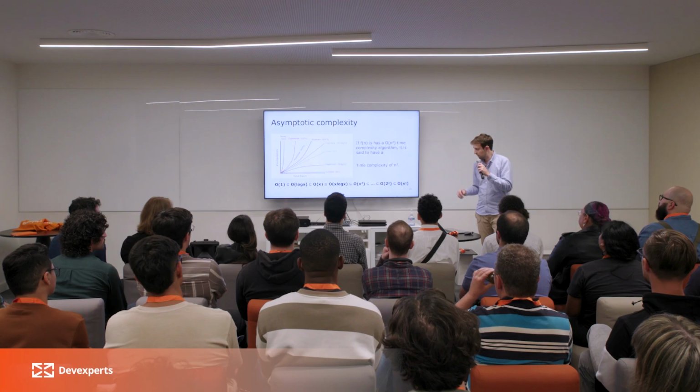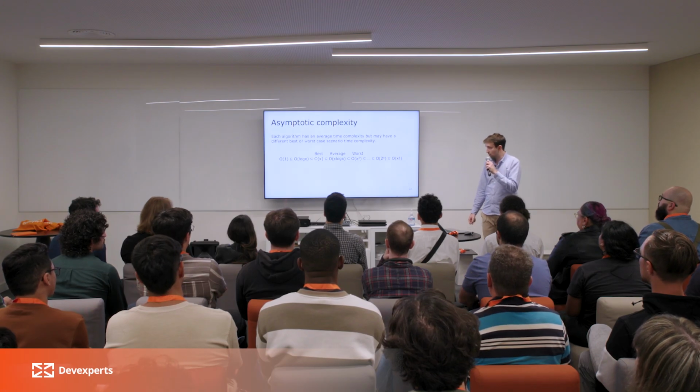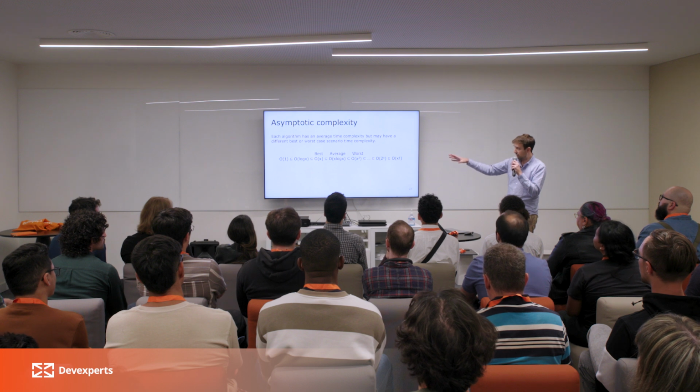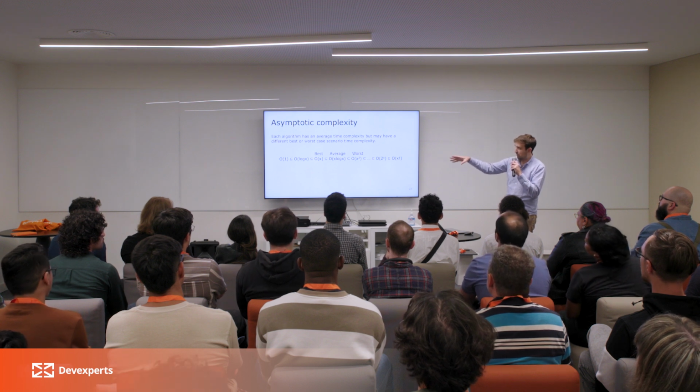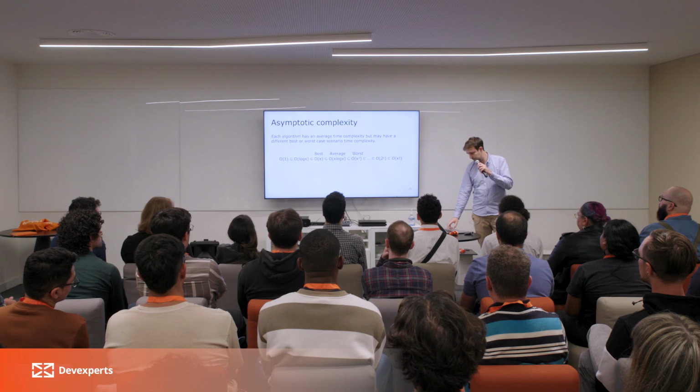You can see right here, we always have the worst, and the average and the best can be equal or less than the worst case scenario. So we can have a function that will have a worst case of x squared, an average of x log x, and a best of x, or you can also have an equation that will be best, average, and worst in the same order term.